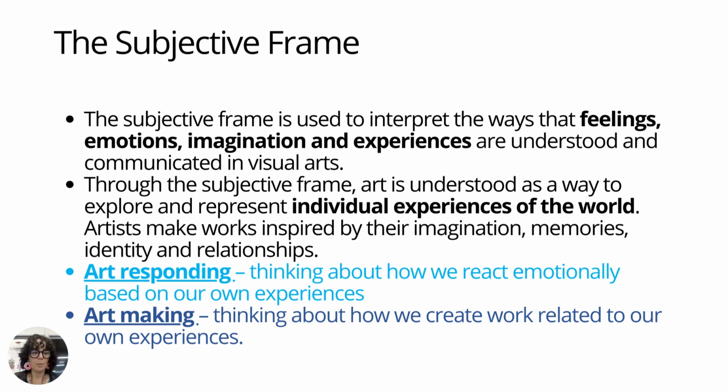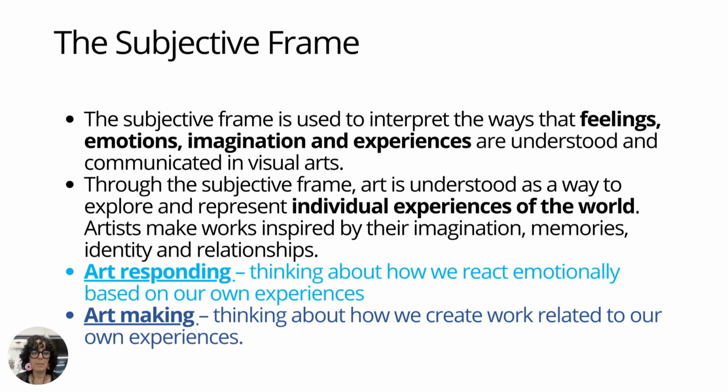We're thinking about the way that feelings, emotions, imagination, and personal experiences are understood and communicated in visual arts, both by the artist and by how you as the viewer respond using your own feelings, emotions, etc.